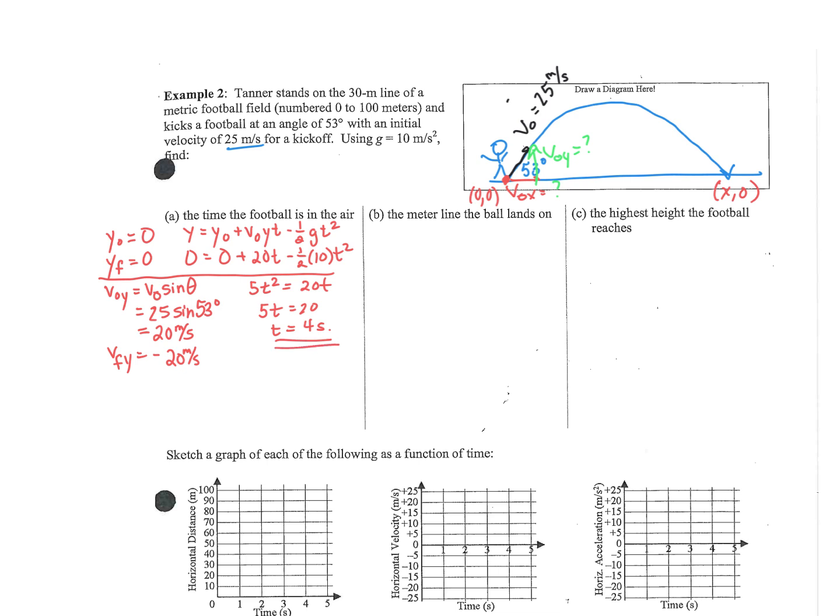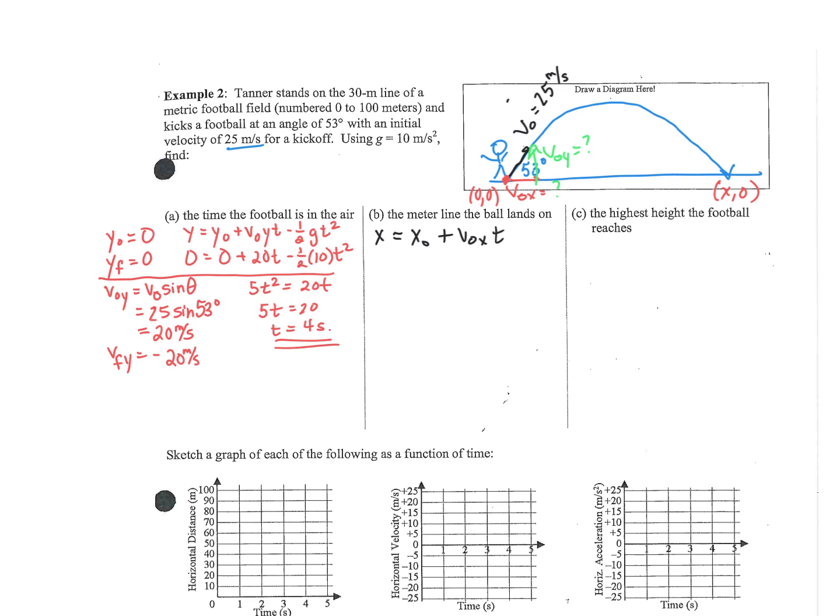Now, to find the x distance, sometimes the easiest thing to do is to figure out how long. So now we're going to say that x final is equal to x initial plus v initial in the x direction times t.